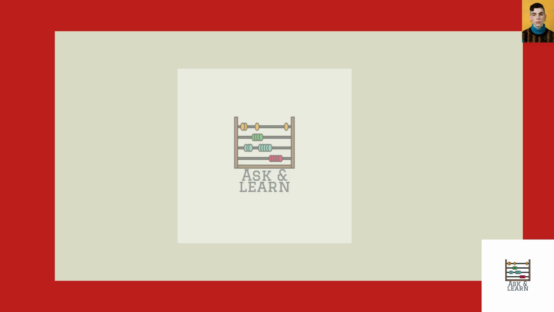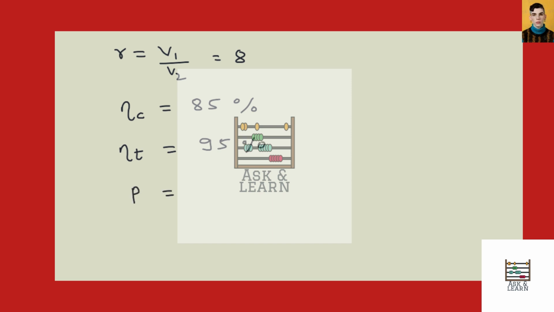Let R be the compression ratio, so R is equal to V1 by V2 is equal to 8 as given, and ηC is the isentropic compression efficiency, equal to 85%, and ηT is the isentropic expansion efficiency, equal to 95%. P1 is the inlet pressure, equal to 13 psia.